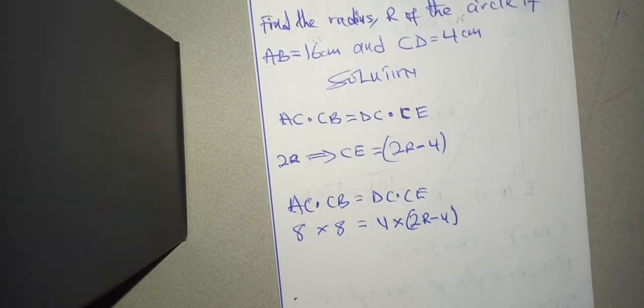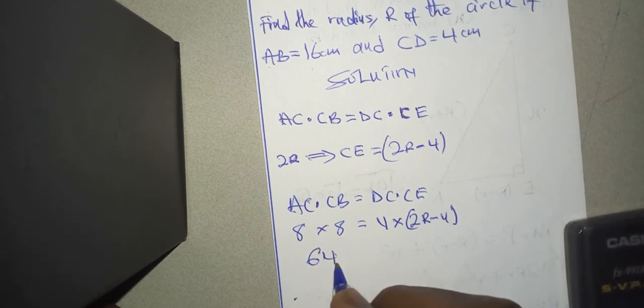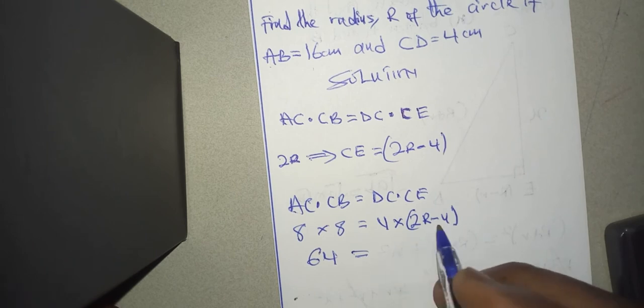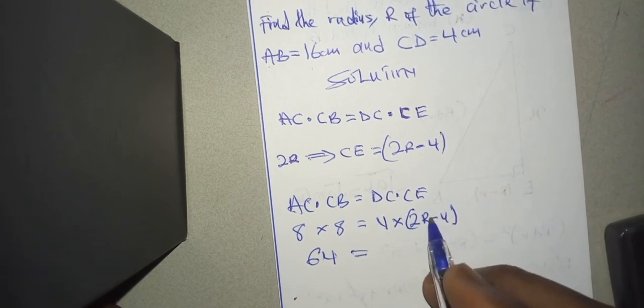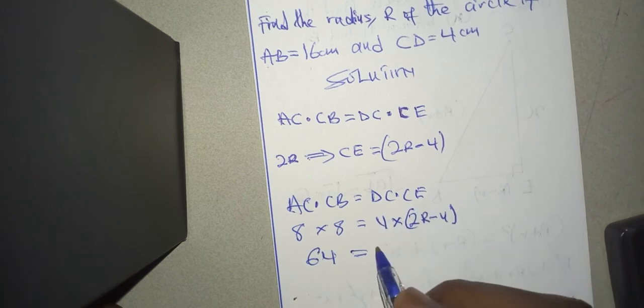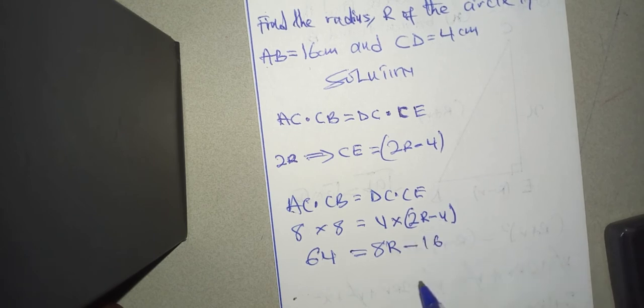So let's do some computations here. 8 times 8 is 64. 64 equals, let's distribute. We are multiplying the 4 by the bracket, so this is going to give us 8R, and this is going to give us minus 16 here.